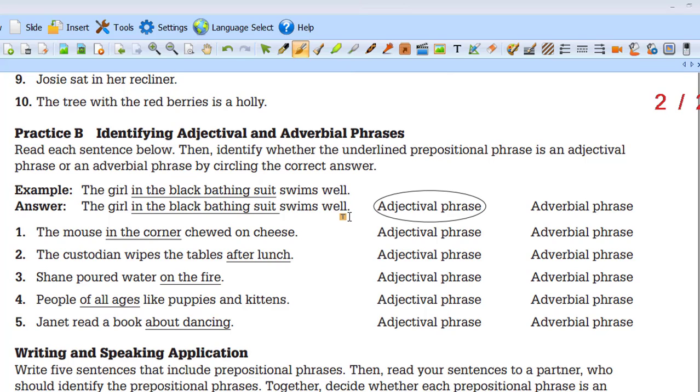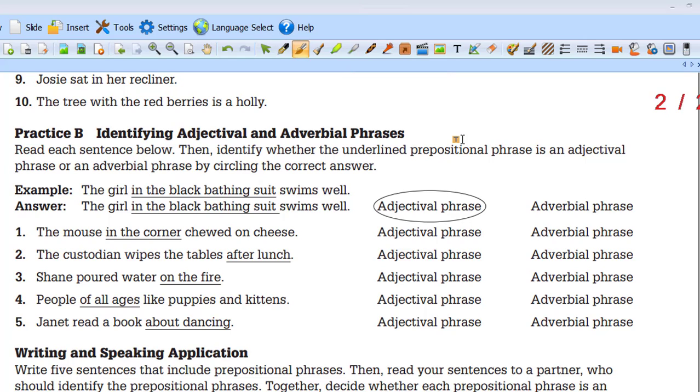Again, we have the same question, but here it's asking you to decide. Tell me, what's the type of this prepositional phrase? Is it an adjective phrase or an adverb phrase? How can I tell which it is? What's the difference? Actually, the adjectival phrase works as the normal adjective.